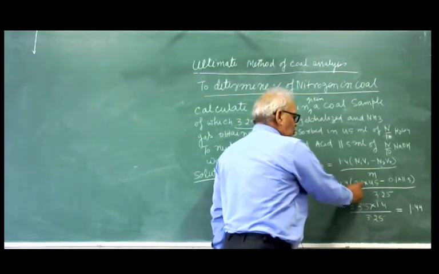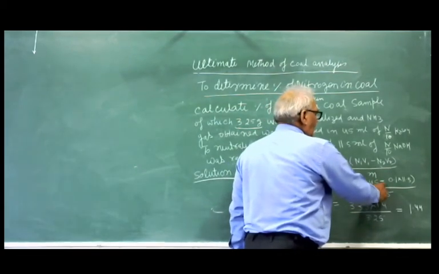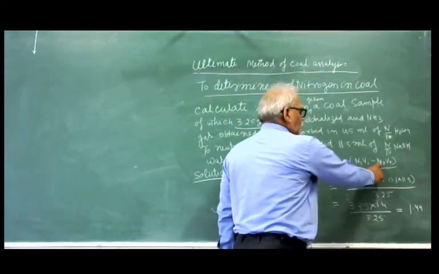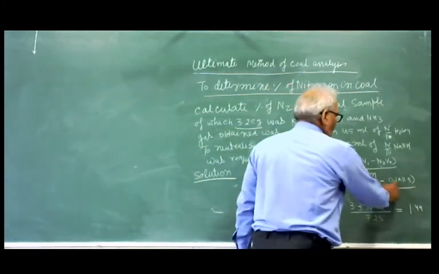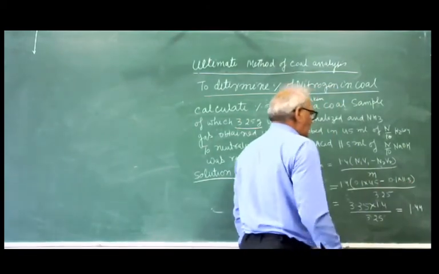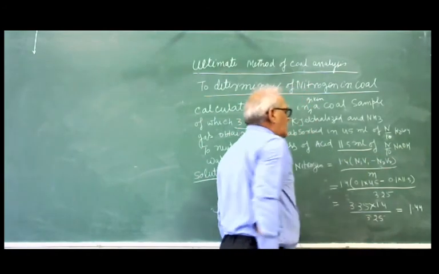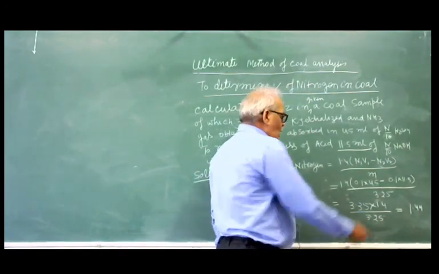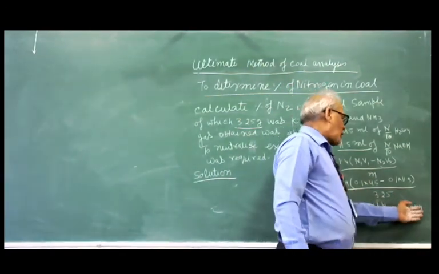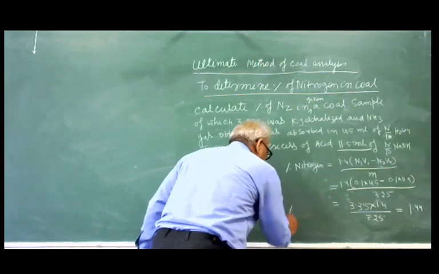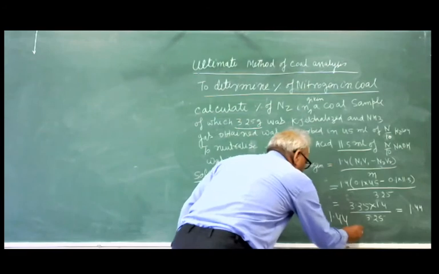So 0.1 into 45, the volume of the acid, minus N2, the strength of the alkali used in titration, so 0.1 into 11.5, where 11.5 is the volume of the NaOH required. Here 3.25 is the mass. After calculation, the percentage of nitrogen is 1.44.